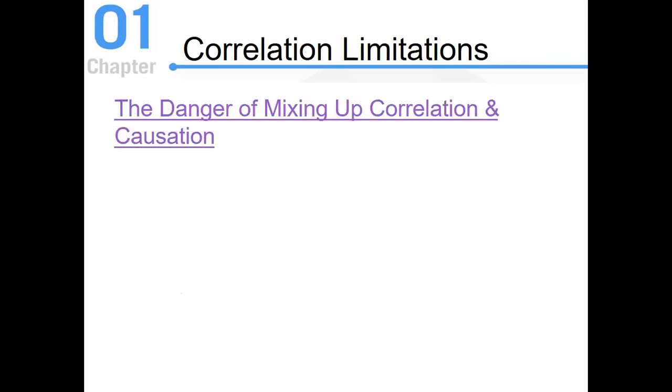So what I want you to do right now, similar to the first video, is I want you to pause this video right here, and directly underneath this video in D2L, you're going to see a short TED Talk that I've linked to, and it's called The Danger of Mixing Up Correlation and Causation. I want you to stop here and attend to that video.